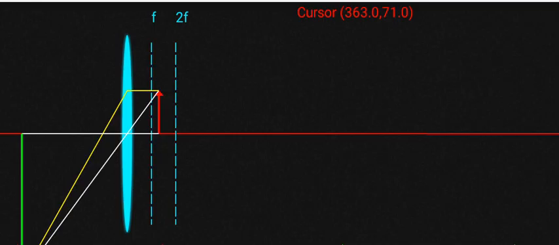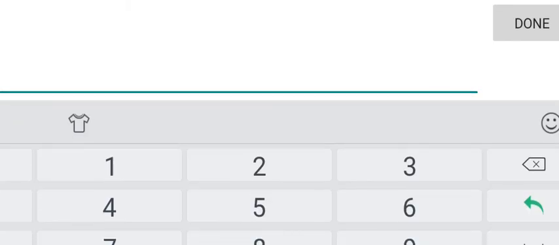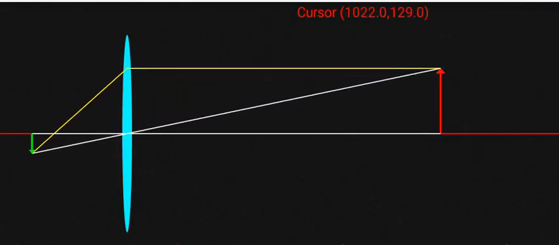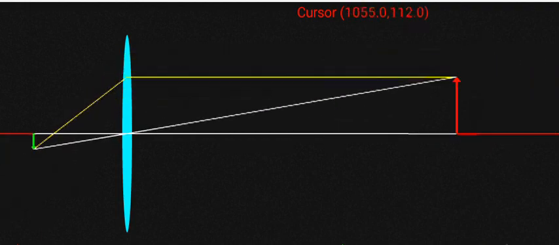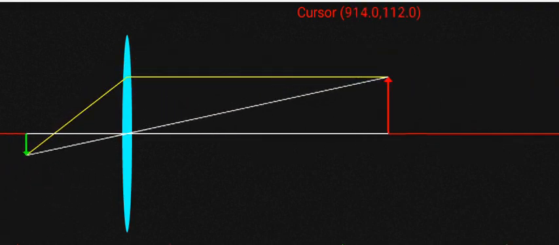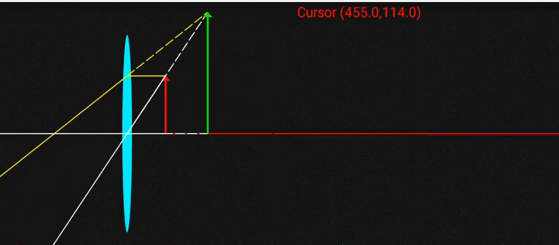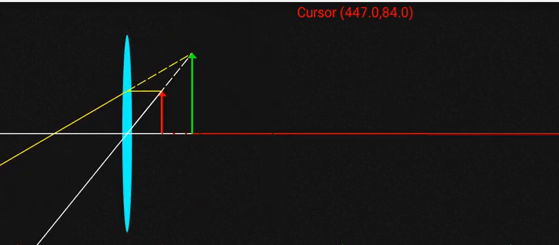Now let us take the example of a convex lens, where you can see a value of around 150 I've taken for the focal length. Now if I take the object anywhere, you will always see an inverted and real image, except in one portion, between P and F. When I brought him between P and F, he gave a virtual image.